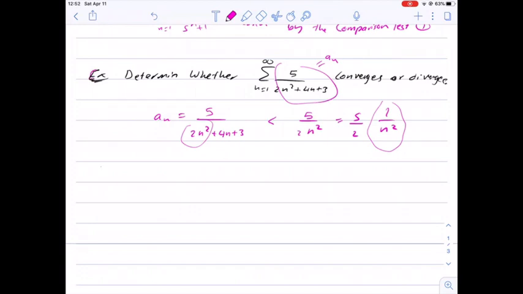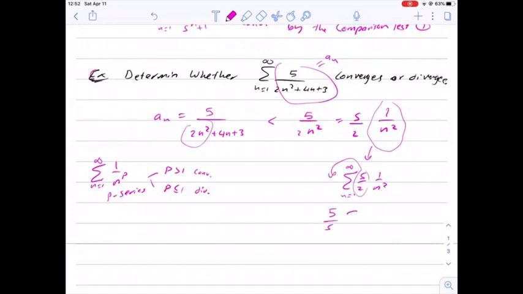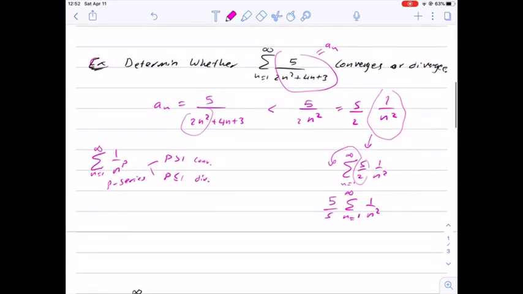This is one of the p series, because if you remember from the previous video, this is called a p series. And we have two cases. If p is greater than 1, then it's convergent. If p is less than or equal to 1, then it's divergent. Now we take the sum of 5 over 2, 1 over n squared, from 1 to infinity, and since this is constant, we can pull it out of the sum, leaving the sum from 1 to infinity of 1 over n squared.